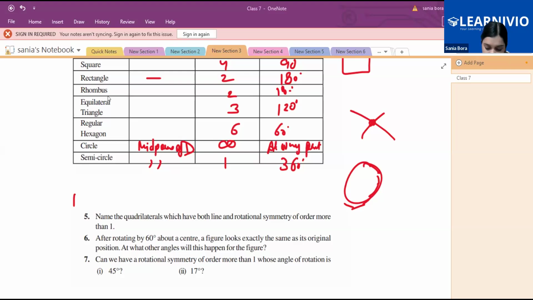Oh, okay. Ma'am, it's not possible that the line and rotational symmetry are unequal to each other, right? They both will be equal, right?